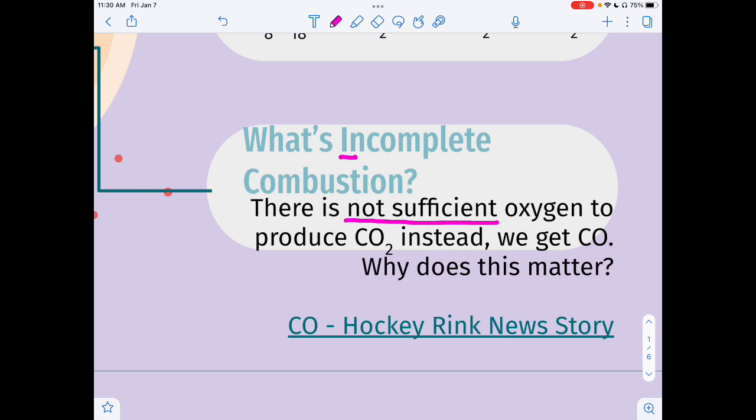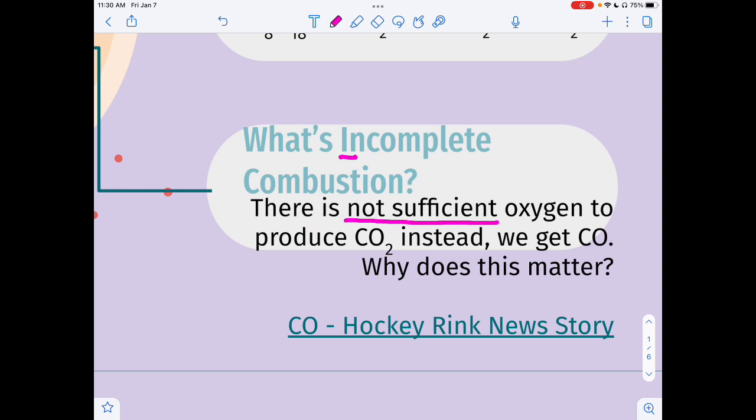Now that's a big deal because carbon monoxide is very poisonous. It's colorless, it's odorless, it's tasteless, but it does cause huge issues for people because it blocks the absorption of oxygen in hemoglobin. So oxygen normally attaches to hemoglobin cells and that's carried throughout our bodies.